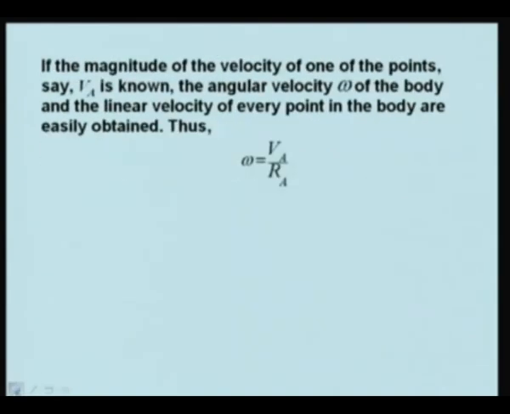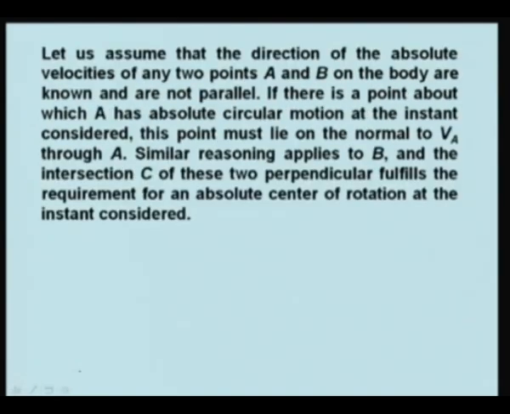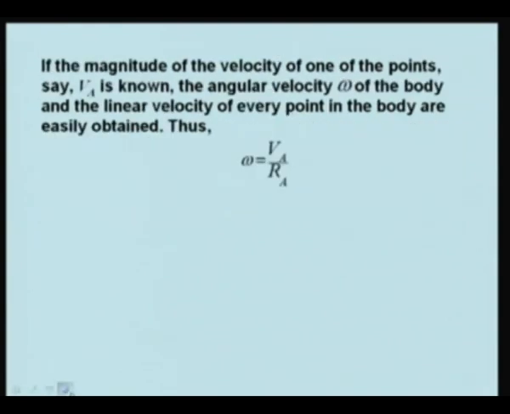Now, if the magnitude of the velocity of one of the points, say VA, is known, the angular velocity omega of the body and the linear velocity of every point on the body are easily obtained, because omega will be equal to VA by RA.